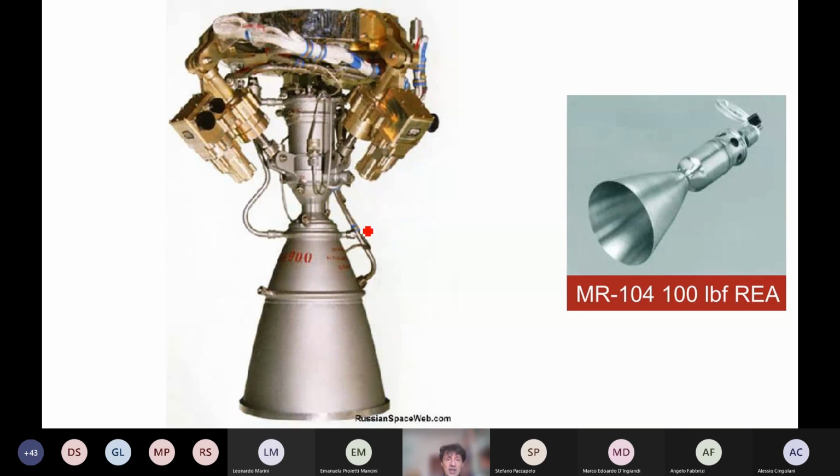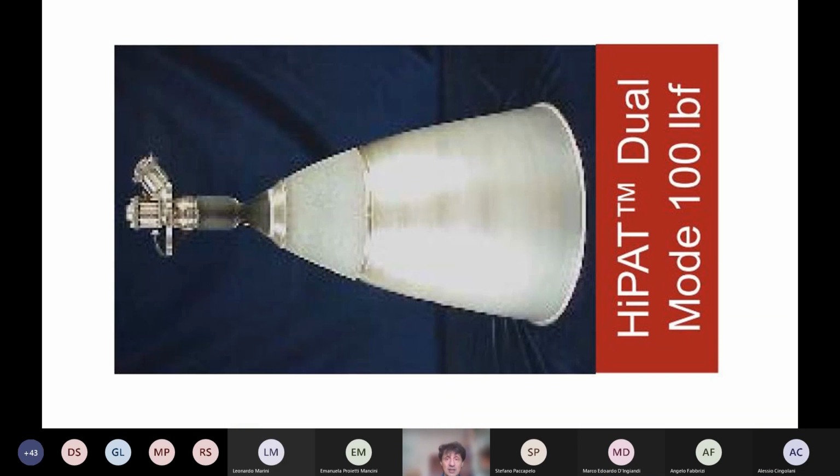So this is the AVUM upper stage of Vega, and it's a vacuum engine, and you see the parabolic contour, the bell contour more precisely, and also the high expansion ratio, as well as for a small engine like this, where we are careful to correctly draw the nozzle profile and consider a high expansion ratio.